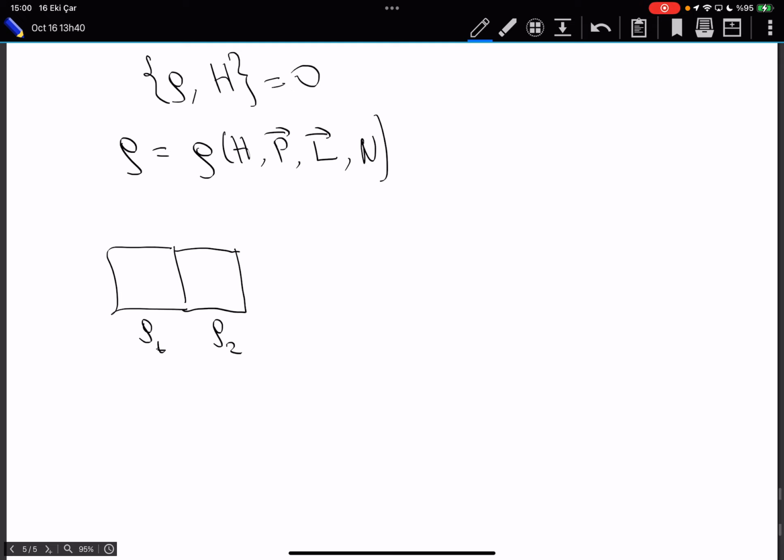You see, if the first one has n1 particles, the second one has n2 particles, the phase space of the first one will be 6n1-dimensional, the second one will be 6n2-dimensional. The total system will have a 6(n1 plus n2)-dimensional phase space.